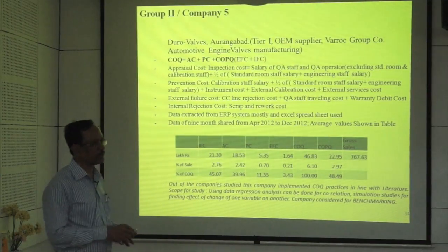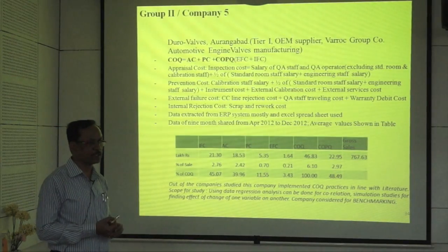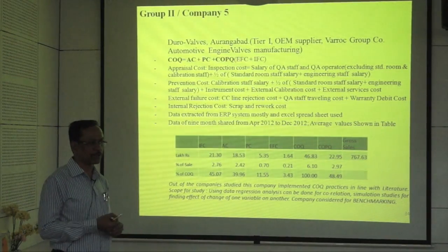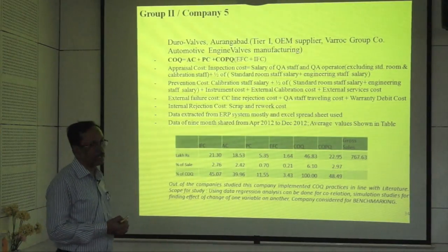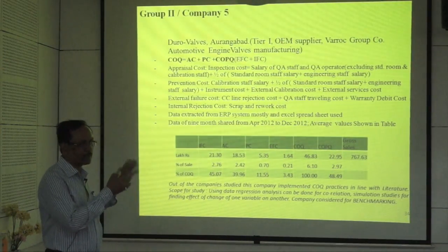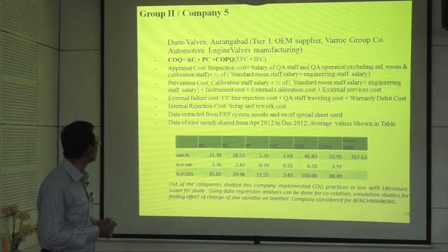Finally, the best company that I have observed is Duro Walls, a Vero Group company which supplies engine valves across the globe. This is a tier 1 company. Actually, this is a big group, but in this company only this separate practice is being followed.